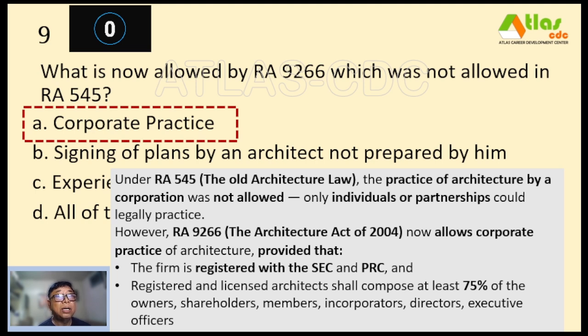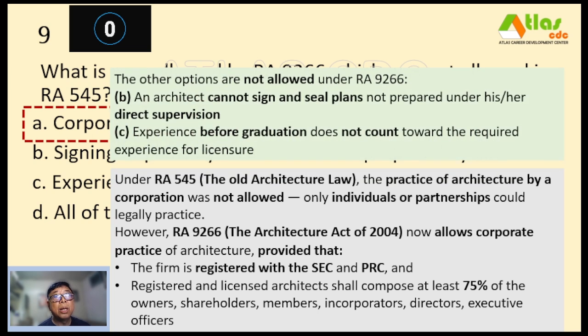However, RA 9266 now allows corporate practice of architecture under Section 37, provided that the firm is registered with the SEC and PRC, and that registered and licensed architects shall compose at least 75% of the owner's shareholders, members, incorporators, directors, and executive officers. So the other options are not allowed under RA 9266.